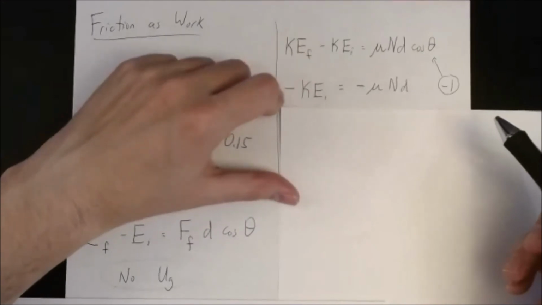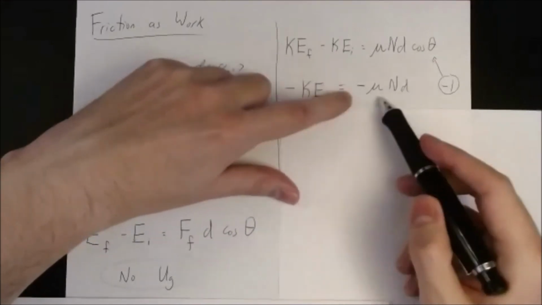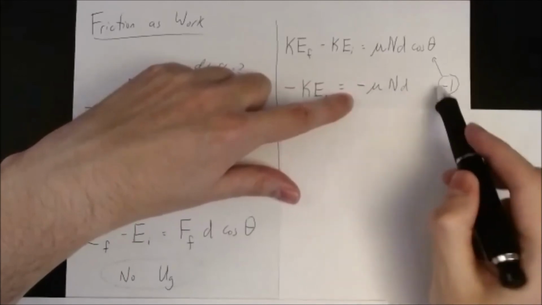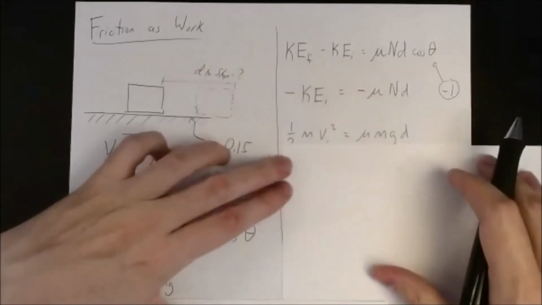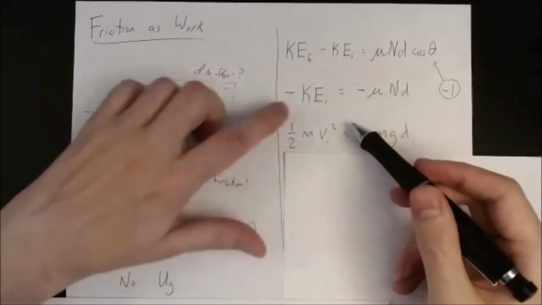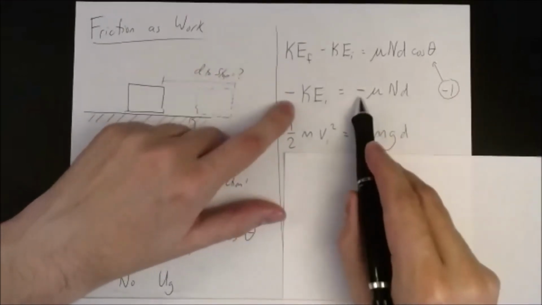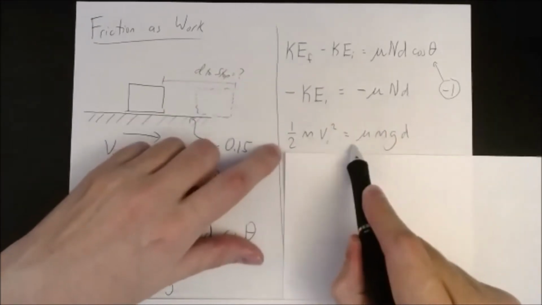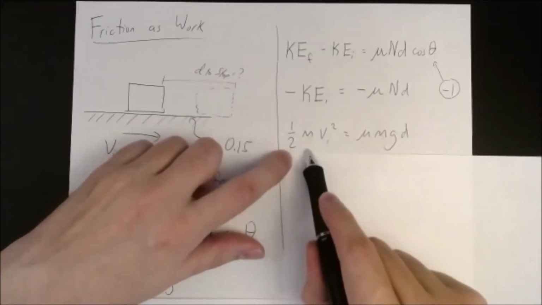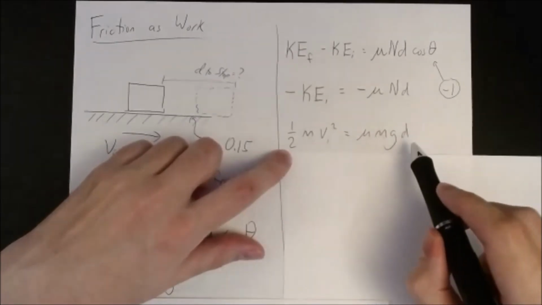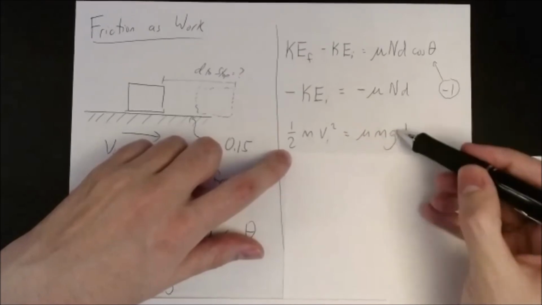So I've just got negative kinetic energy initial is equal to mu times n times d, with that negative sign from cosine of theta. I plug in 1/2 mv squared for kinetic energy. Oh, I got rid of the negatives, by the way. I multiplied both sides by -1, so that's why the negative signs are gone. 1/2 m v initial squared is equal to mu times m times g times d.